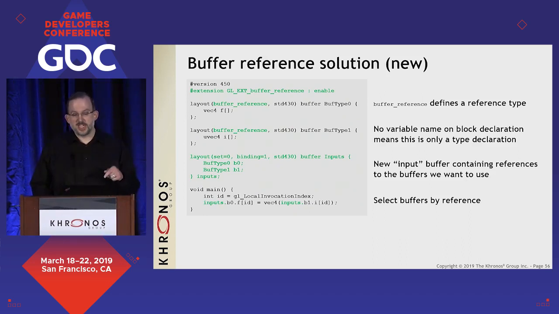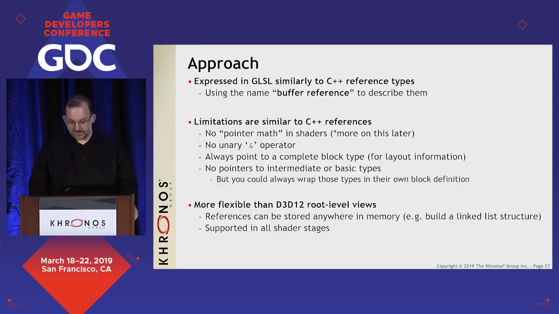And then those reference types can be used as members in the input block declaration below. Each of those is 64 bits of storage, and you fill it with the GPU addresses of those buffers. And then finally, down in the copy code, you just use the dot operator and access those reference variables and then access through them, and that's how you read and write the memory.